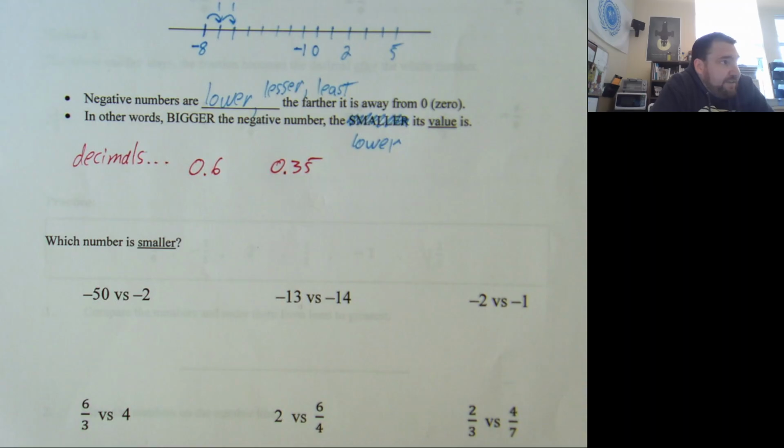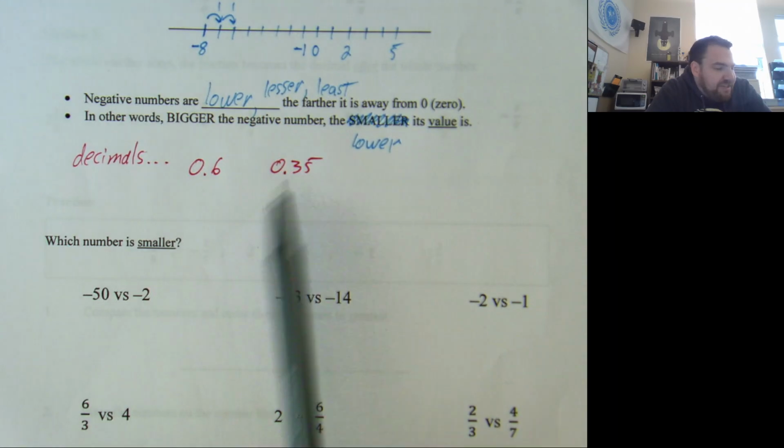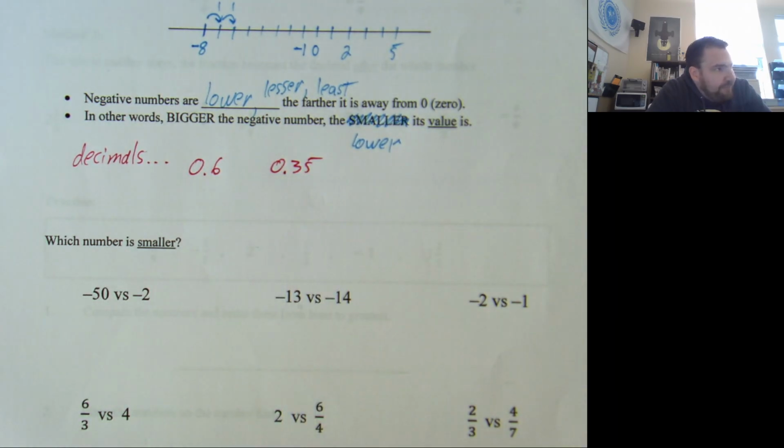Or just take a guess. Hassan, which one's bigger? 6 tenths. Oh, 6 tenths. Yeah. That's an option. I thought you said 6 cents. I heard money. There's no 6 cents. That's 0.06. 6 tenths. Why is 6 bigger than 35?